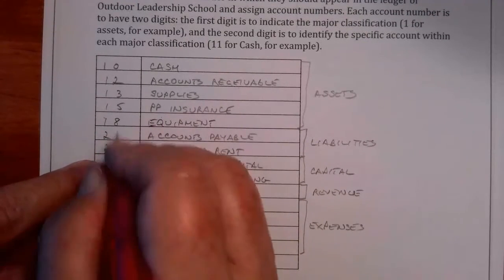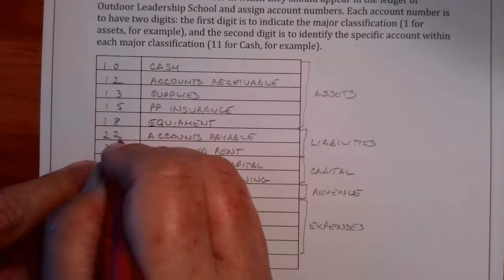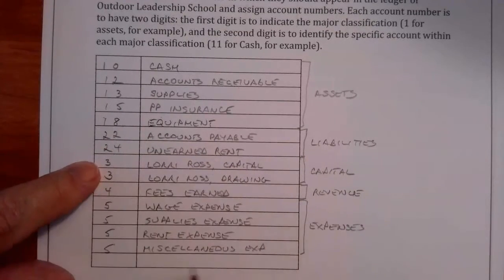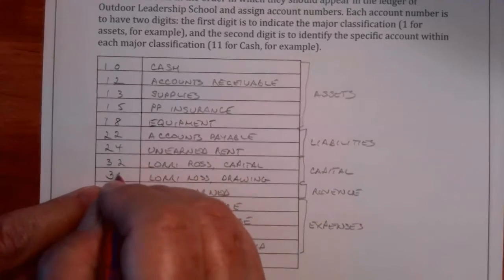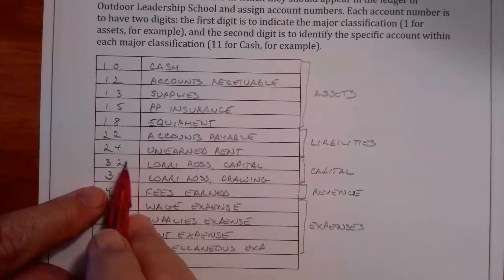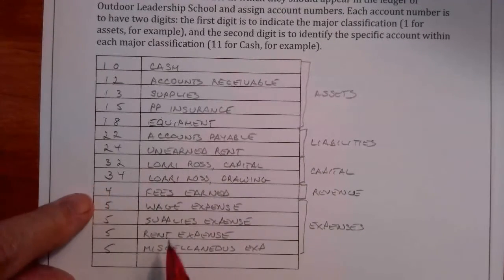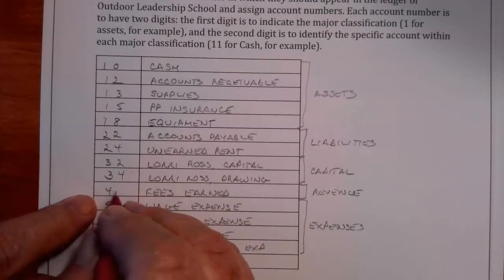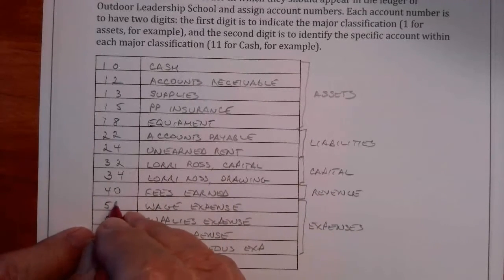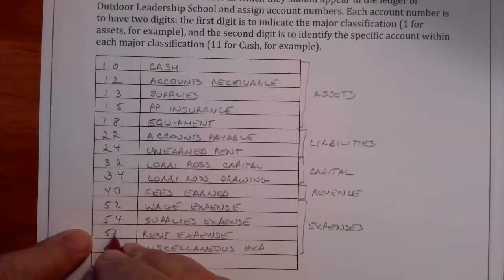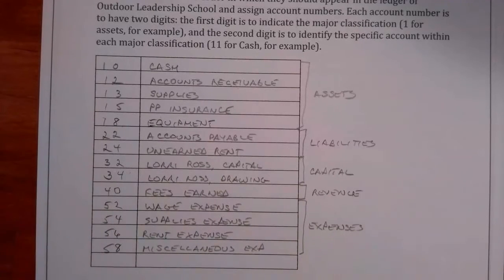Accounts payable, we only have a couple of these, so we could make that 22 and 24 for unearned rent. The capital accounts could be 32 and 34. It's nice to skip a couple numbers just in case you have to squeeze something in. Fee revenue, we'll make that 40. And then for the expenses, 52, 54, 56, and 58.